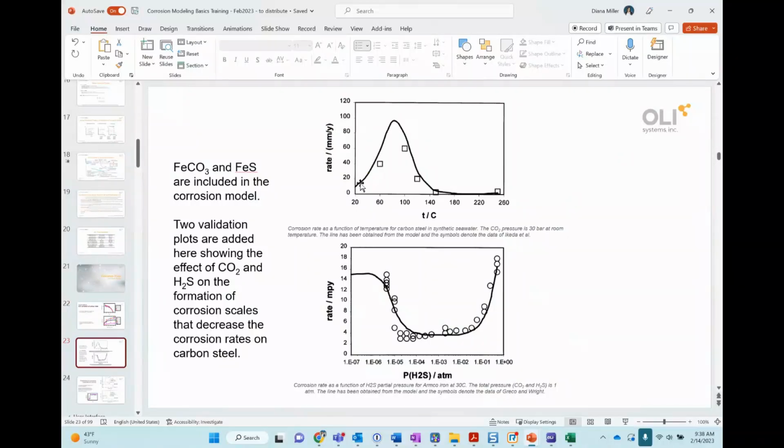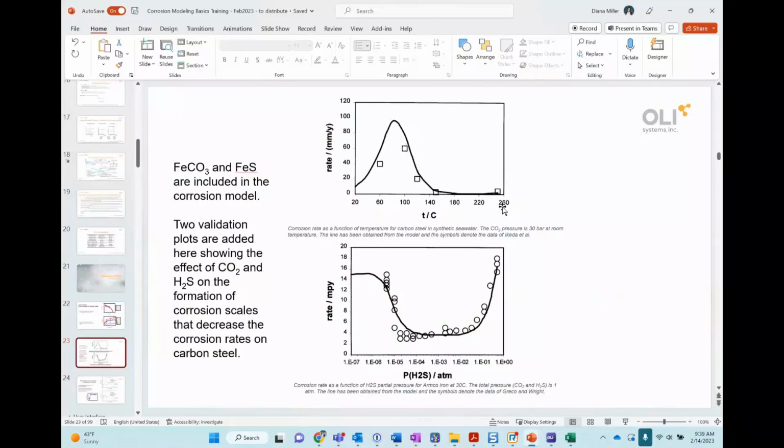This is in carbon steel, and you'll see the data points in the literature are these squares here, and the solid line is the corrosion rate prediction made by the OLI model. So you'll see that the corrosion rate increases as the temperature increases here. And then you start seeing a decrease in the corrosion rate because you're forming an iron carbonate layer on your surface.